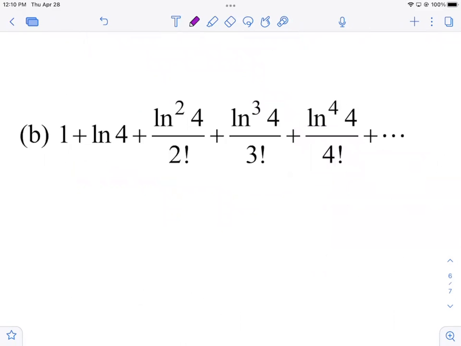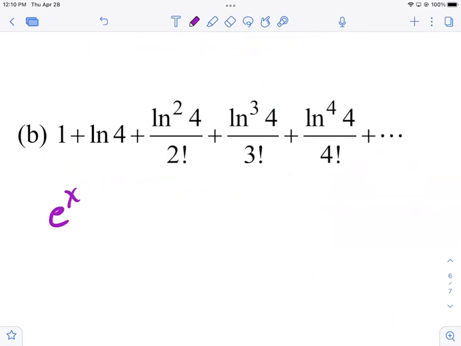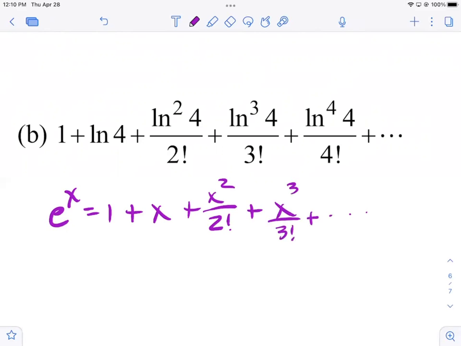1 plus natural log of 4 plus natural log squared of 4 over 2 factorial, blah, blah, blah. It's not alternating, so it can't be sine or cosine. It's got factorials, so it can't be geometric. I guess it only leaves e, right? e to the x is 1 plus x plus x squared over 2 factorial plus x cubed over 3 factorial plus dot, dot, dot.